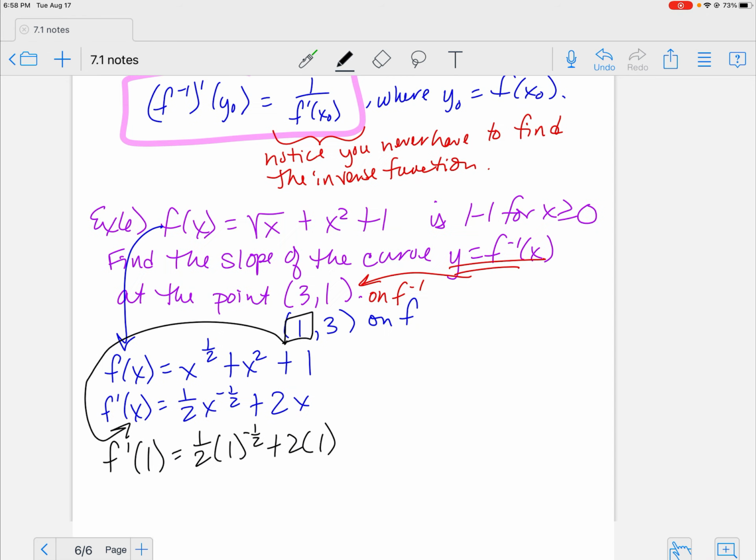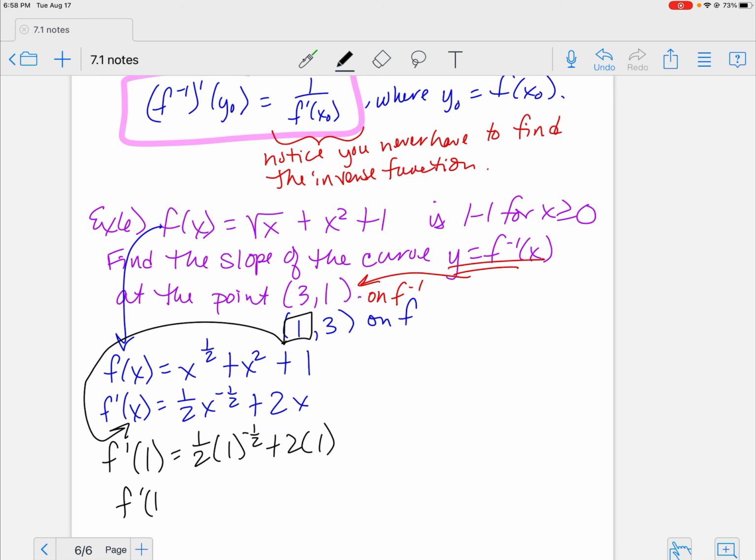I'm going to scoot this up just a little bit. F prime of 1 here is going to be, that's just 1, right? 1 times 1/2 is 1/2 plus 2 will give me a 5/2. So 1/2 plus 2 gives me that 5/2 here. This is what goes into that denominator.